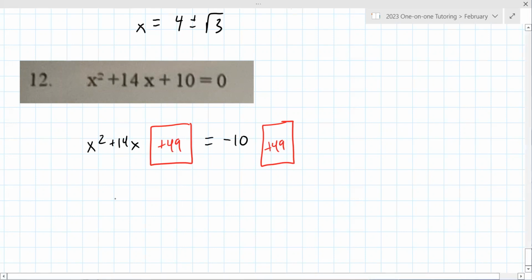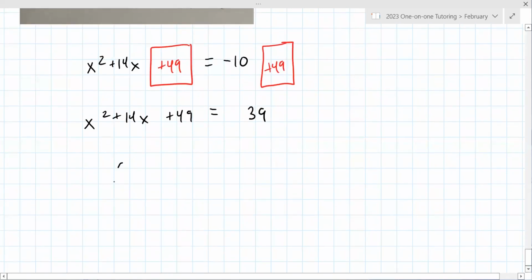How are you doing on this one? Pretty good. There is no square root of 39, so you can leave it, if that was a question.